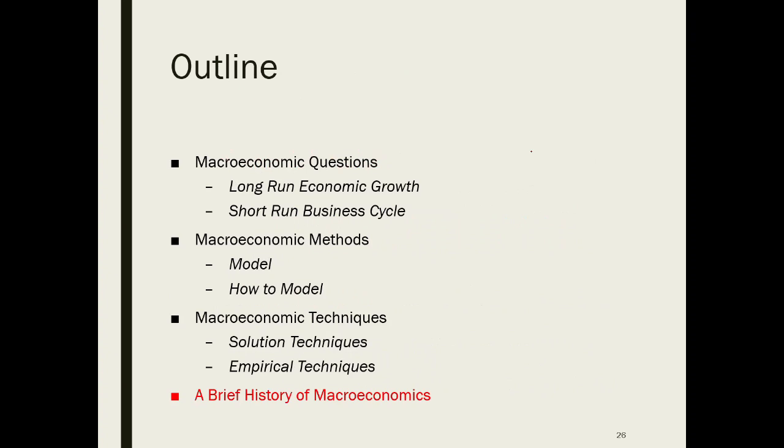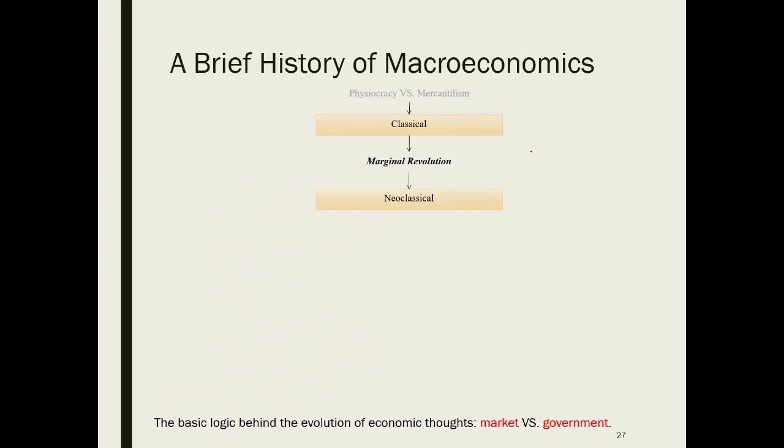Now let's briefly walk through the history of macroeconomics to know where we are standing in the present day. It is a very brief introduction, and it is not part of the exam, but it is very useful to understand why macroeconomics looks like what we are studying nowadays. There are hundreds of schools of thought in the history of macroeconomics.